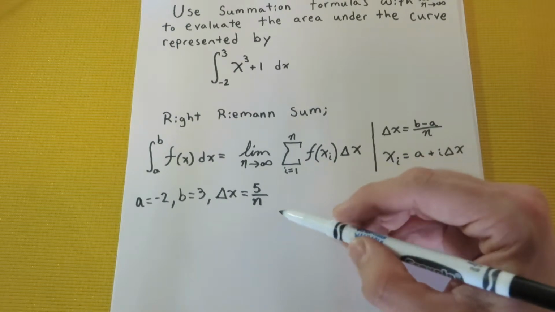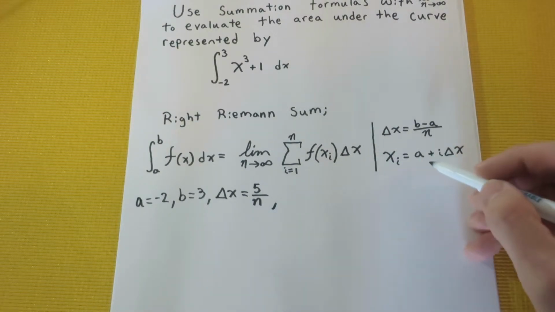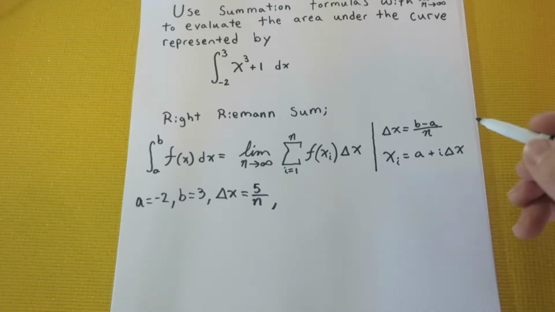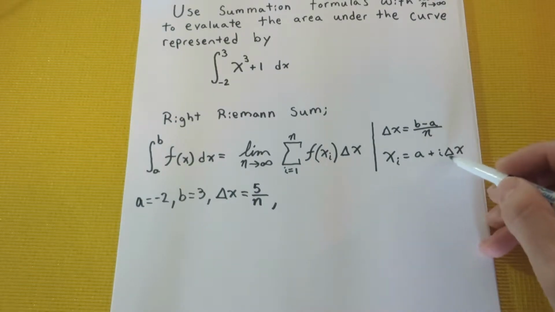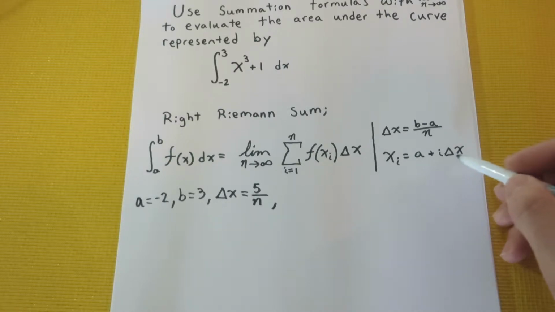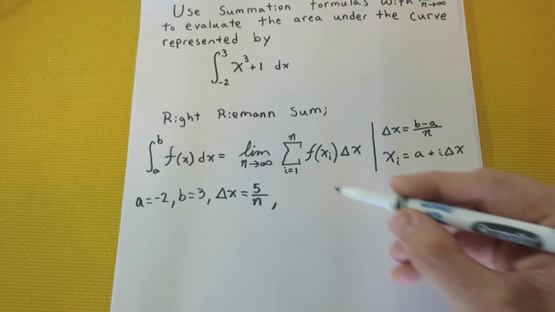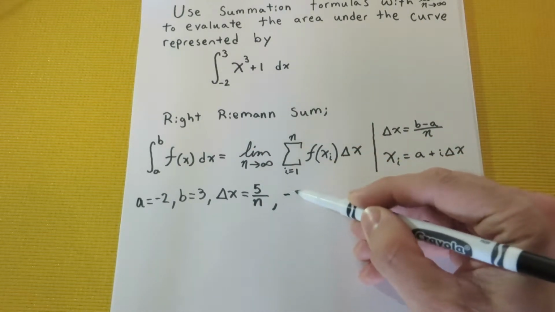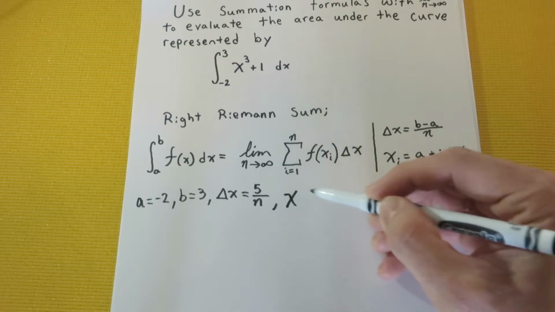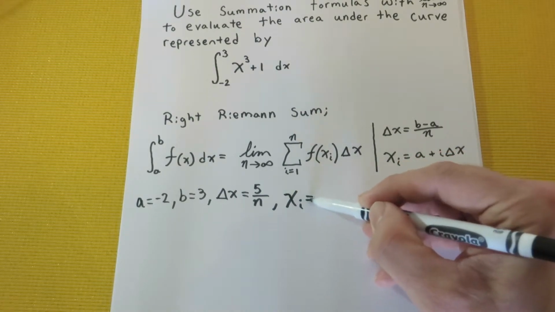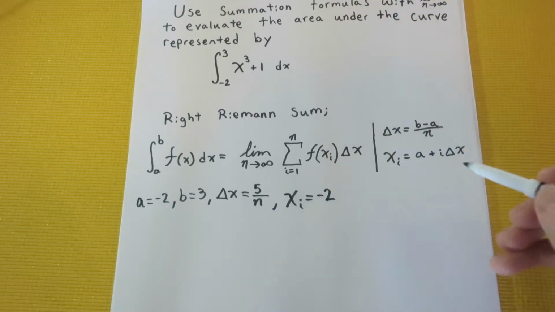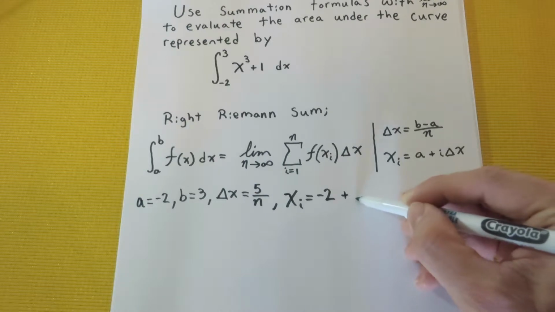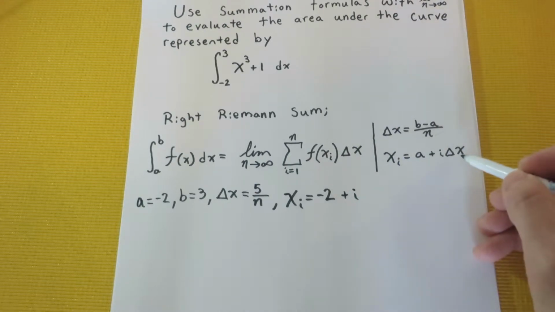Next up we have our x sub i, which is defined as a plus some increment of our subinterval here. So this is going to be a, which is -2. I should put it like this: x sub i is equal to -2 plus some increment of our change in x.